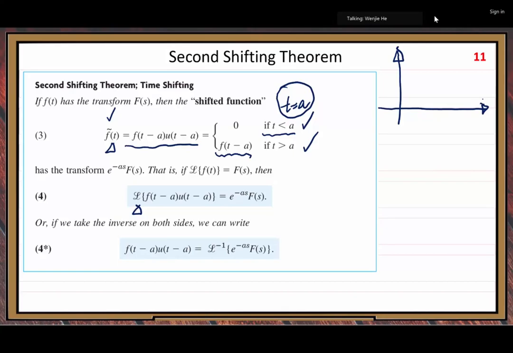Here, let me draw a general function, f of t. Now we consider one special point, t equals a. Usually there is a certain value here.